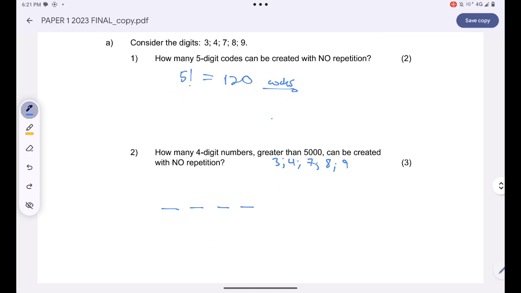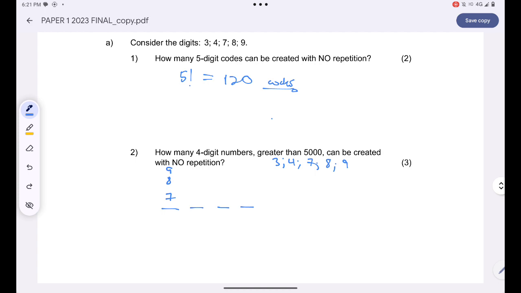So the only numbers that can be chosen for the first spot are 7, 8, or 9, because if I choose any 3 or 4, I'll simply get a 4-digit number which is less than 5,000.